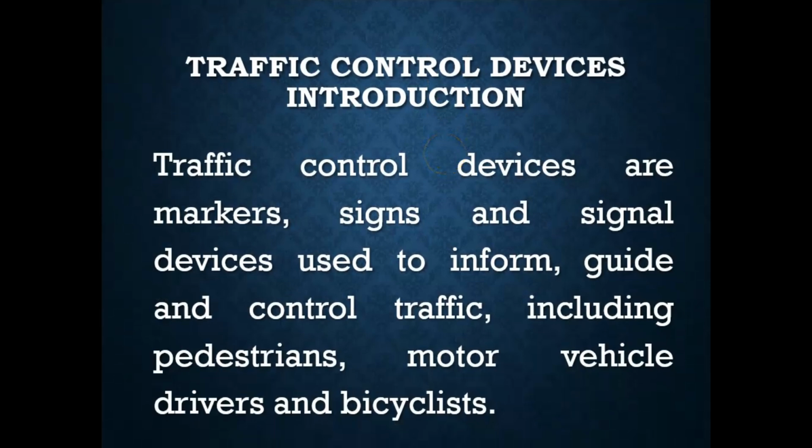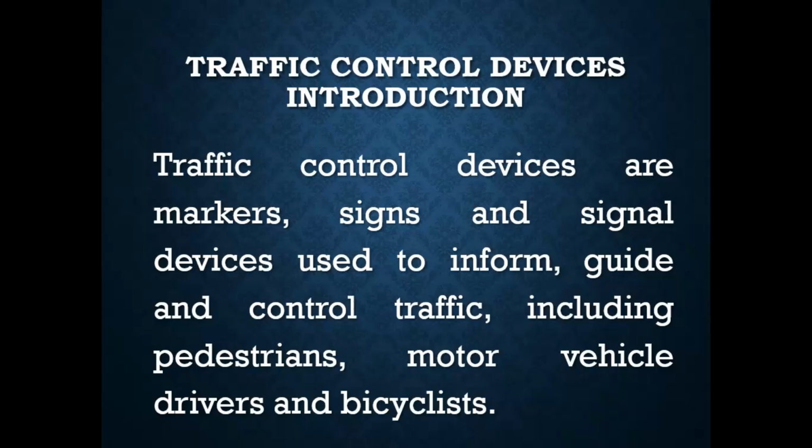Before we go into what traffic control devices are, we say these are signs, signals, and markings that guide, warn, and regulate traffic. The reason behind having traffic control devices is to regulate the traffic, to guide vehicles, drivers, and pedestrians, and also to warn. It's very important.